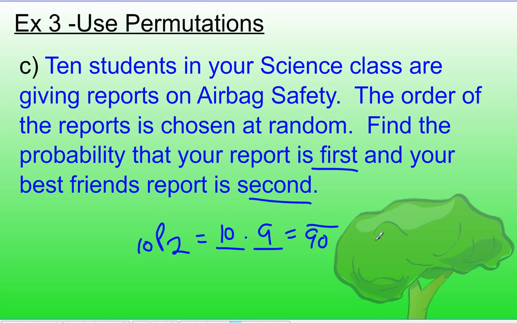And how many ways can it be picked so that you are first and your friend is second? Well, only one way. Only if you're first and your friend is second. If it's picked any other way, it's not going to work out. So 1 out of the 90.